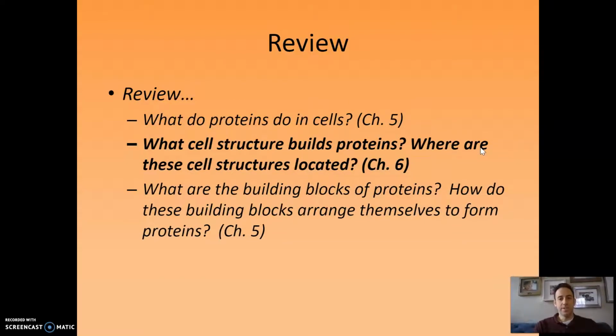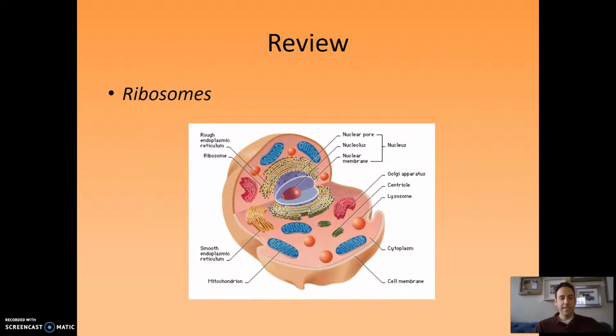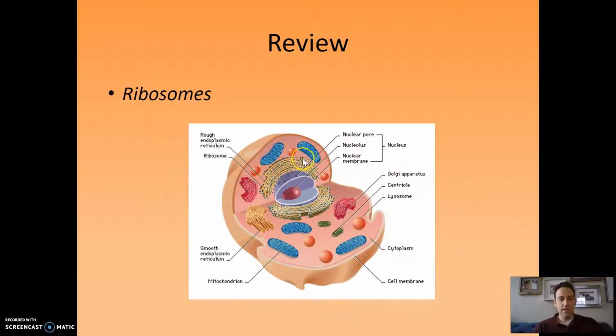What cell structure builds proteins and where are those located? Well, hopefully you remember, they are built in the ribosomes. Now, we haven't talked much about ribosomes, but we did mention 2 places where they're located. One is on the rough endoplasmic reticulum. These little green dots represent ribosomes. And the other place, not really indicated on this figure, is that they also float freely in the cytoplasm.